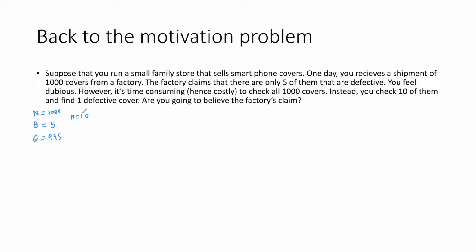We're looking for the probability of having one defective cover. But actually we're looking for a probability which is slightly different from just one. It has something to do with the concept of hypothesis testing. The idea is this. Before you check 10 of them, you have to believe that the factory is not lying.